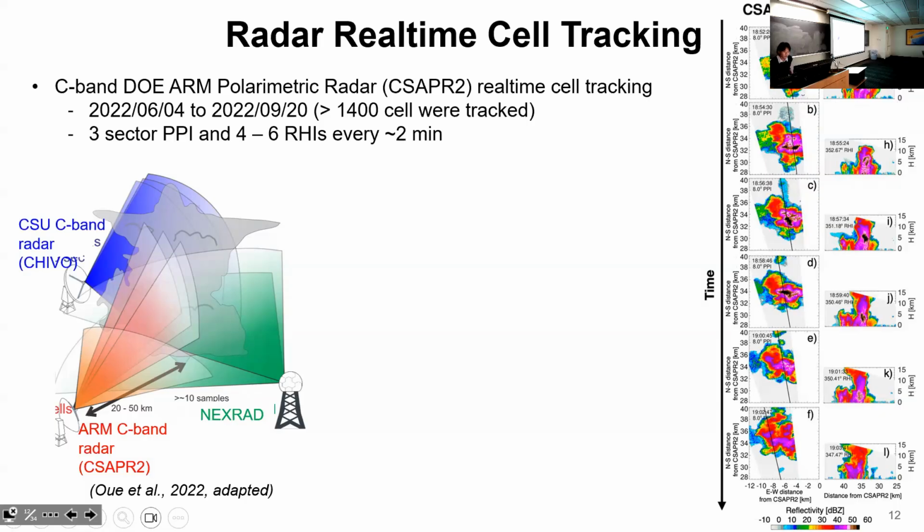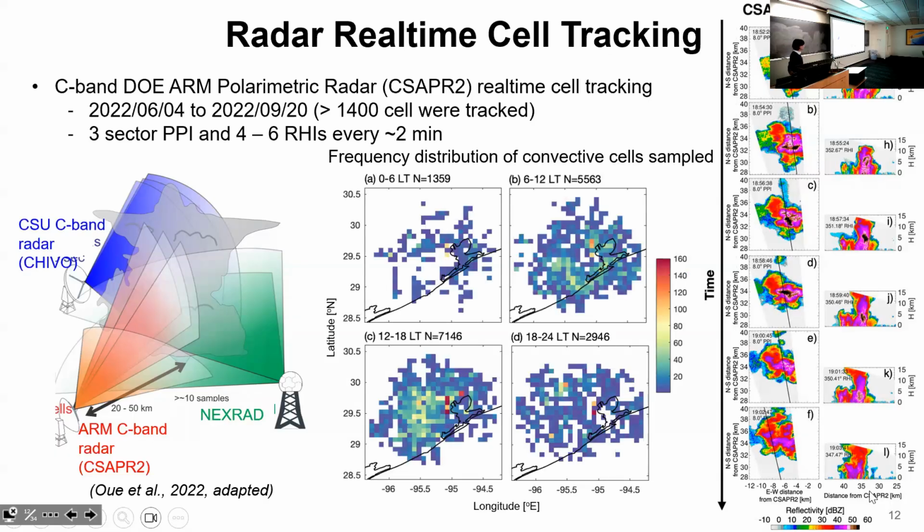You can see quick evolution of the radar reflectivity structures. You can see the black region here going down, and the middle part going to the bottom. So we have a nice, good observation of the quick evolution of convective cells.